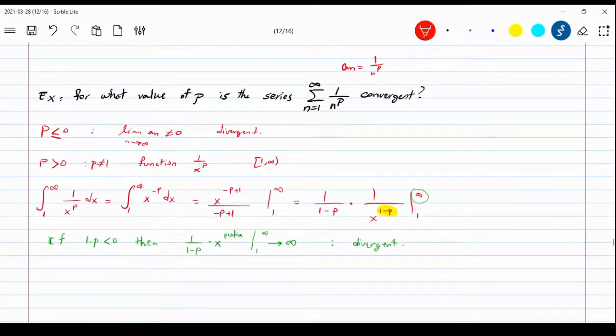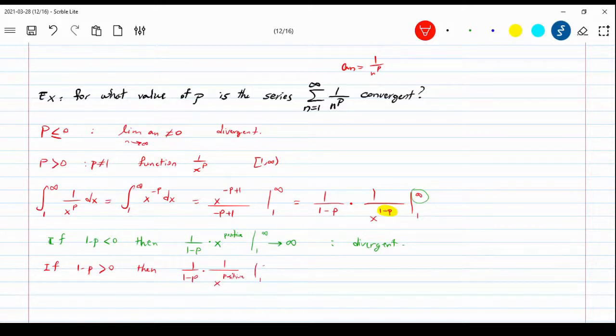On the other side, if 1 minus p is positive, then what you have is 1 divided by 1 minus p as the coefficient times 1 over x to some positive power.